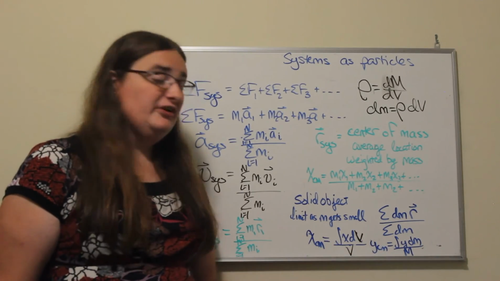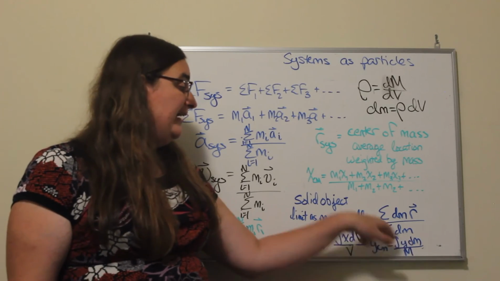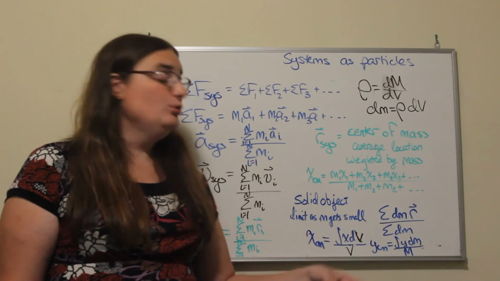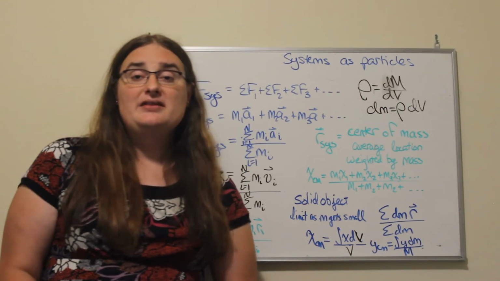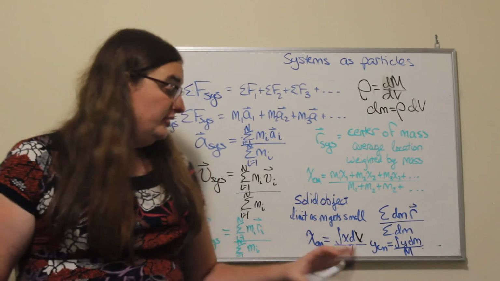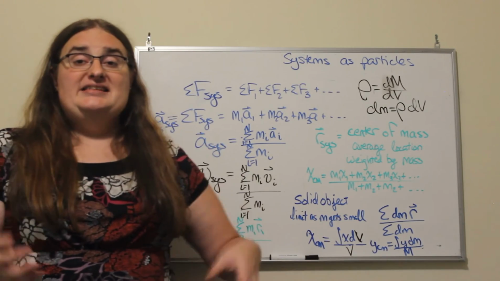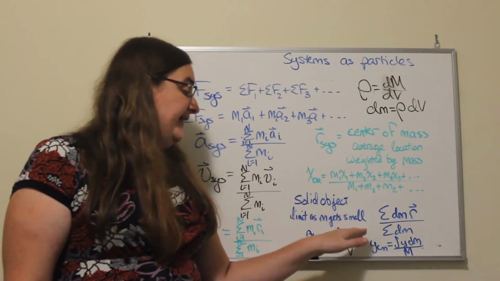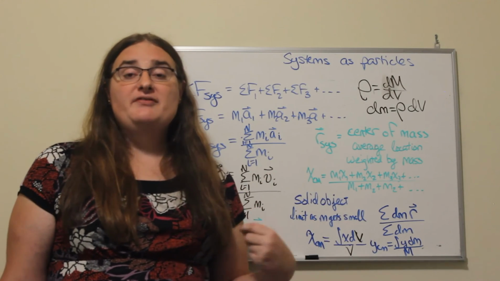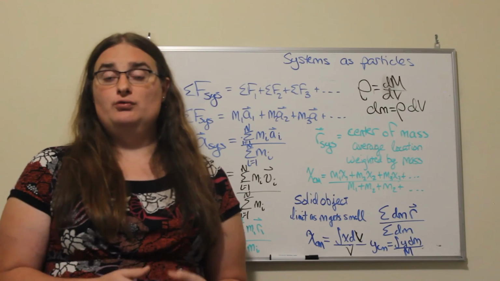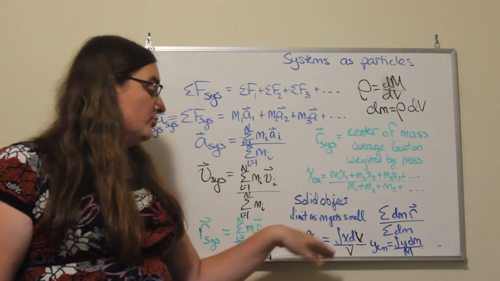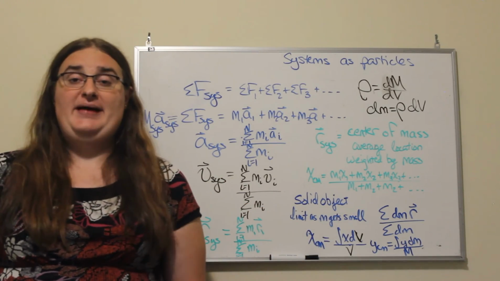The y-coordinate of our center of mass would be y integrated with respect to our volume divided by the total volume. So, as I said, the hard part is figuring out how to express the volume of an object as you move through that object in the direction that you're calculating the center of mass.